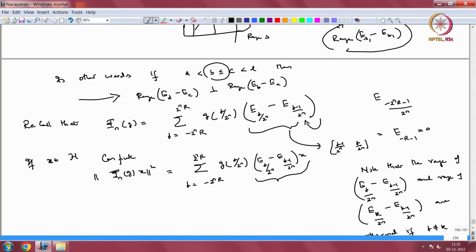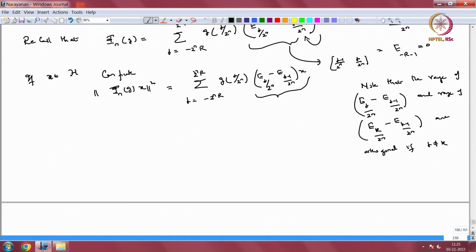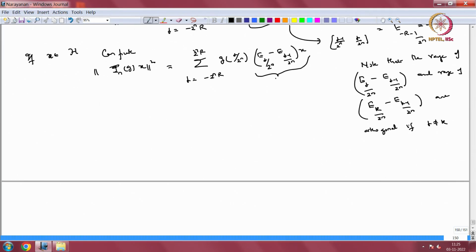So, because of that, these vectors are orthogonal to each other, because these are in the range of the corresponding projections and these ranges are orthogonal.